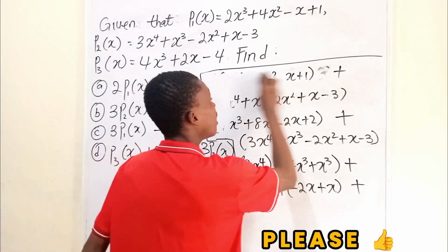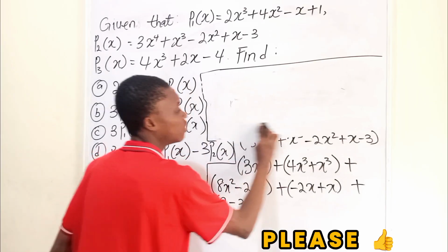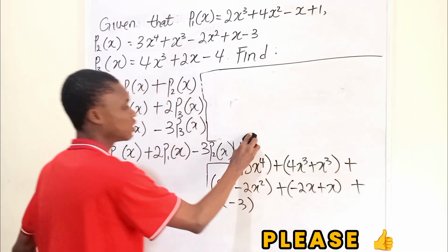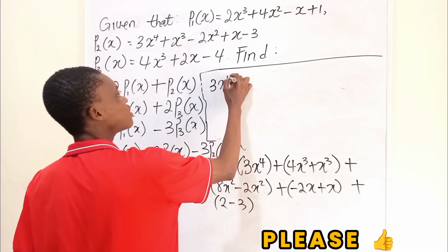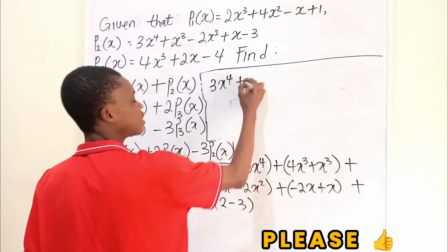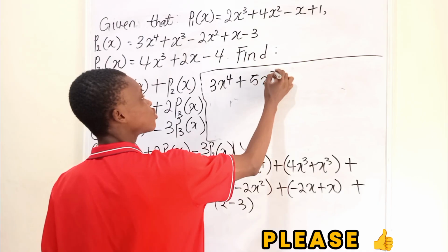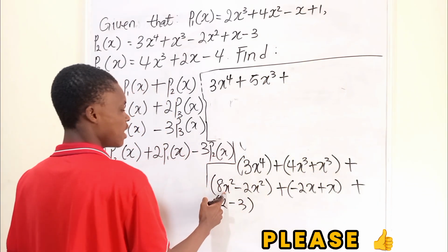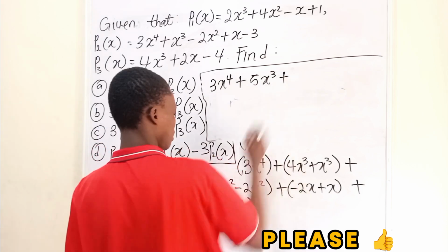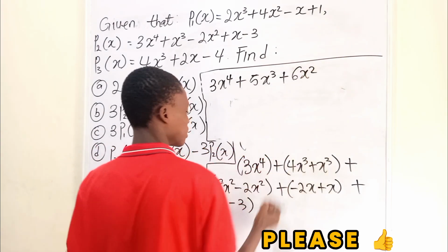So our next thing here is to simplify to get our final result. Now let's go. 3x to the power 4 is still there, plus 4x cubed plus x cubed gives us 5x cubed, plus 8x squared minus 2x squared gives us 6x squared.